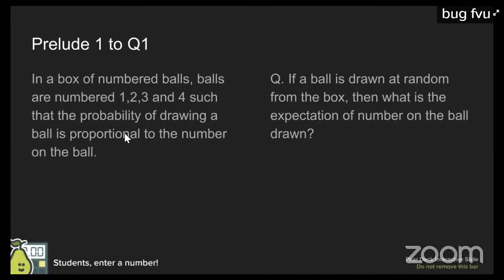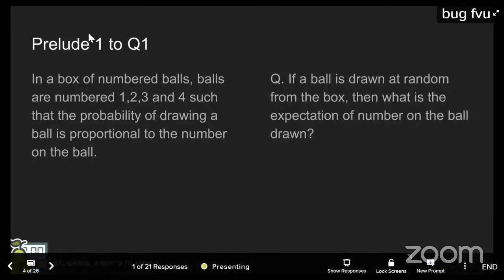If it's proportional, you will find the value of the proportionality constant. If you take it inversely proportional, you will get some different value for that constant. If you take it directly proportional, you will get a different value for the constant. But at the end, you will get the same answer. So it doesn't matter which proportionality you take. Are you guys able to understand and assign random variables to this event by now?